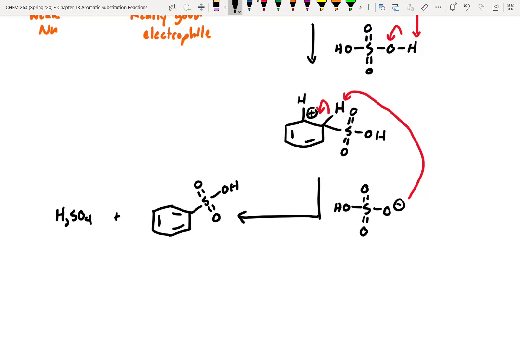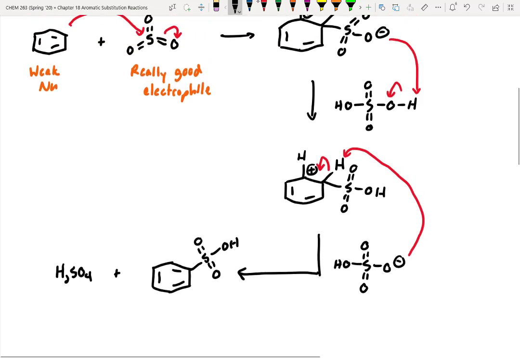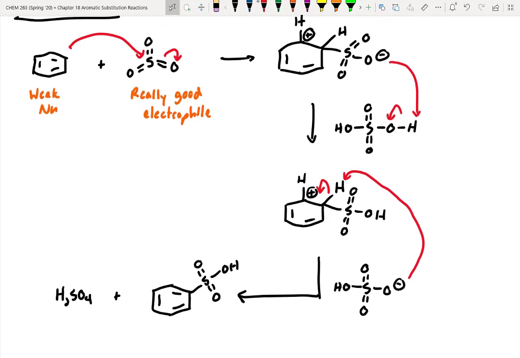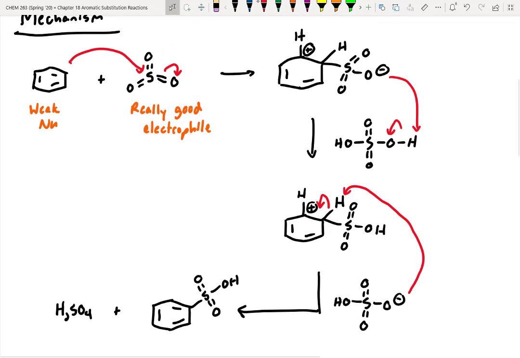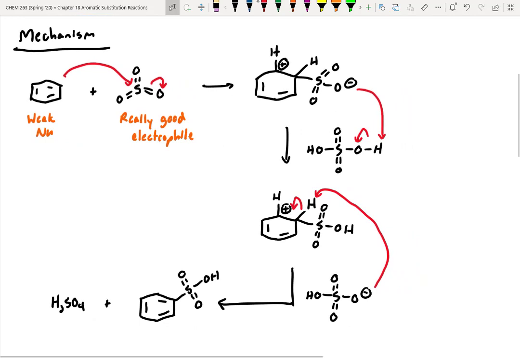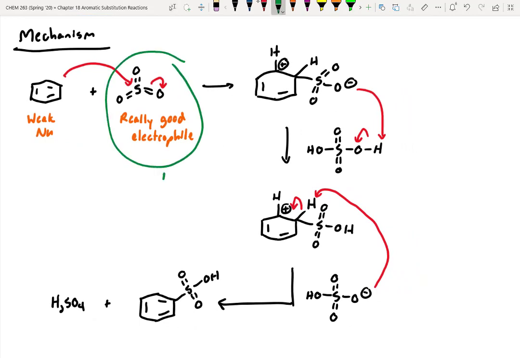So when we think about sulfuric acid in this reaction, what is its role? Well, in this case, it's really just acting as a solvent for this reaction. The reagent that we're really concerned about is this sulfur trioxide. This is the active reagent for the reaction. The sulfuric acid is just acting as a solvent and helping us move protons around.